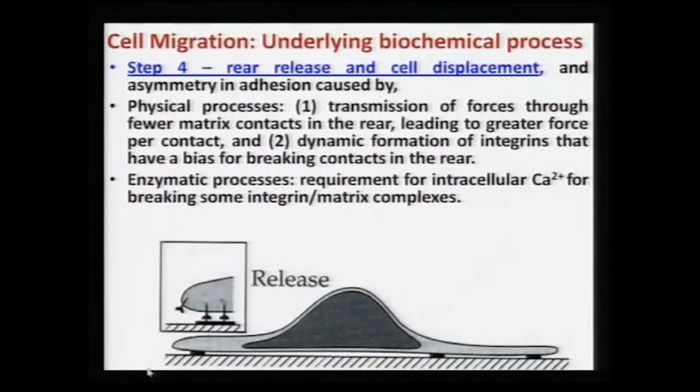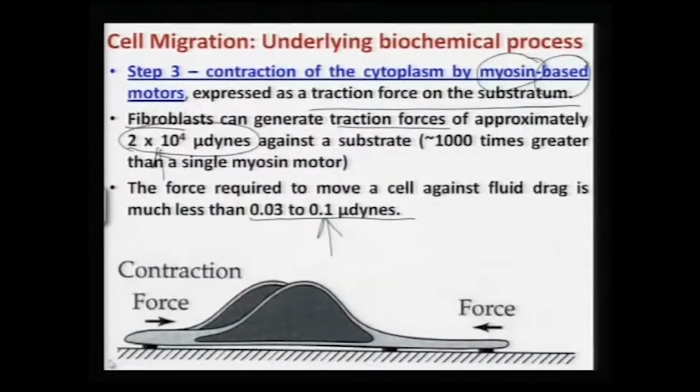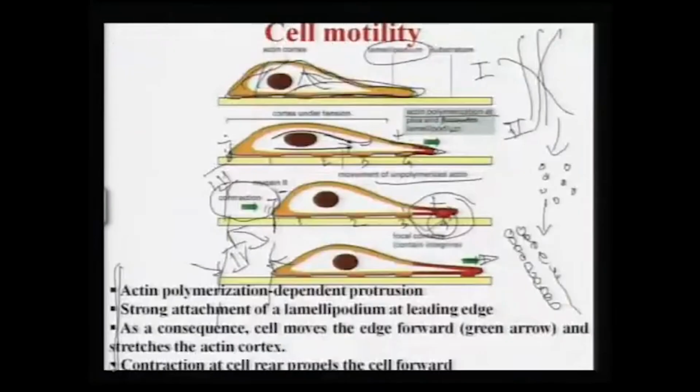Step 4 is the rear release and the cell displacement, which is causing the asymmetry of the adhesion. Now, what happens here is that if you go back to the first slide, what you see in this slide is 1, 2, 3, 4 focal contacts in stage 2. Okay. Now, if you go to stage 3, this one focal contact is no more there, because the cell has moved a little bit further.